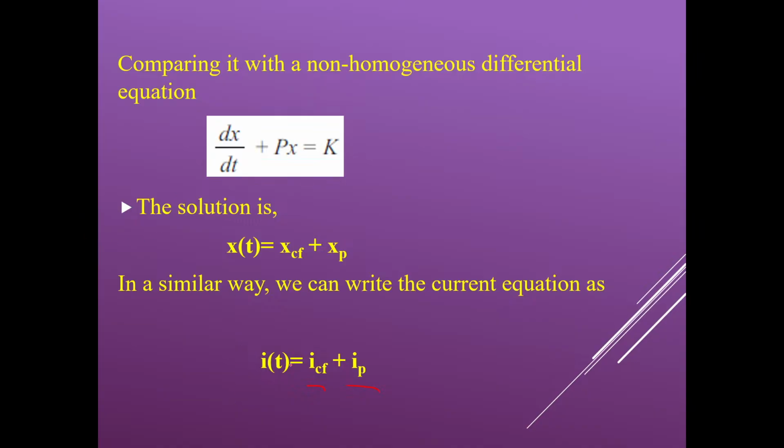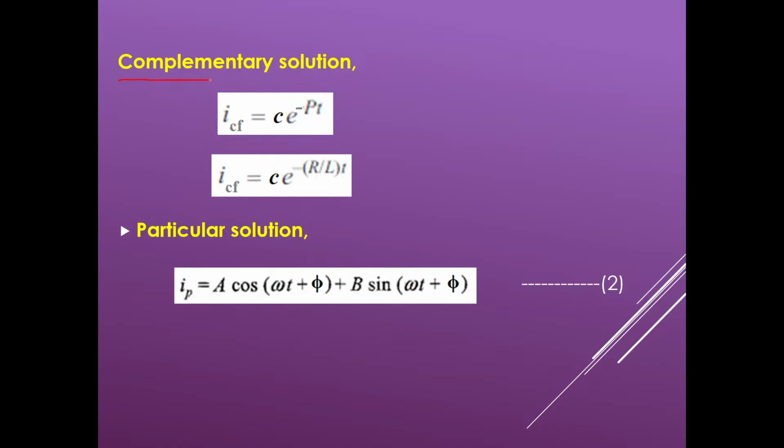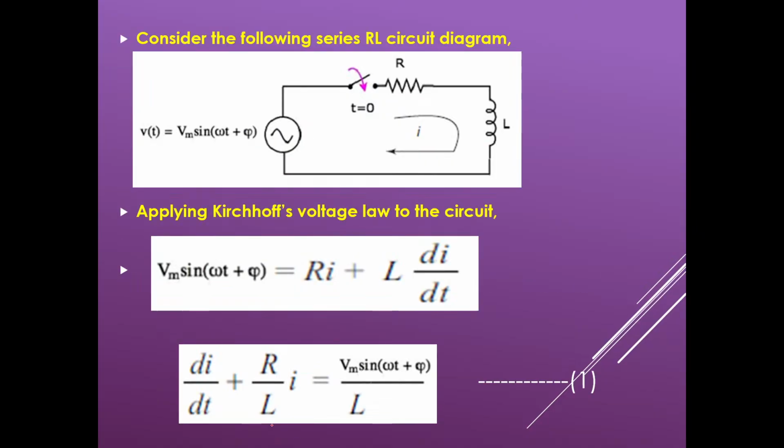Now let us see the complementary part of the solution. ICF is our complementary current, given by C e to the power of minus Pt. What is the P value?